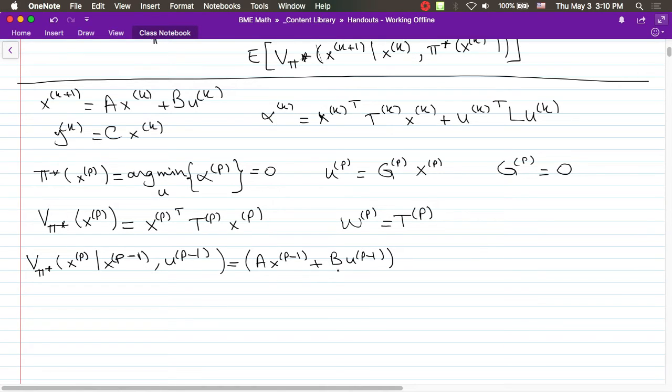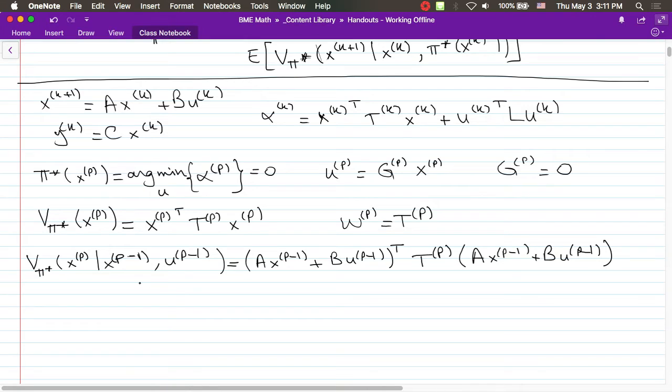That's where it's going to take me, transpose, times the matrix T at time point P, that's the value of this function, times A x of p minus 1 plus B u of p minus 1. Okay, so this tells me that if you produce action u and you start at x at p minus 1, here's where you're going to go to, x of p, and this is going to be the value of that state. You see that? Why? Because that's the value of the state x of p. That's what I just found under the optimum policy.